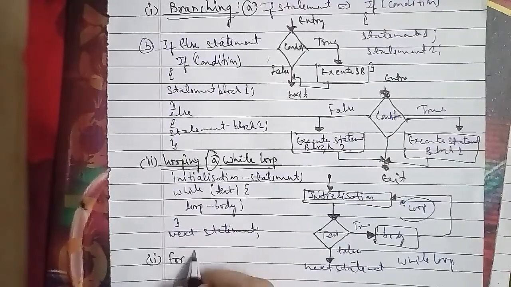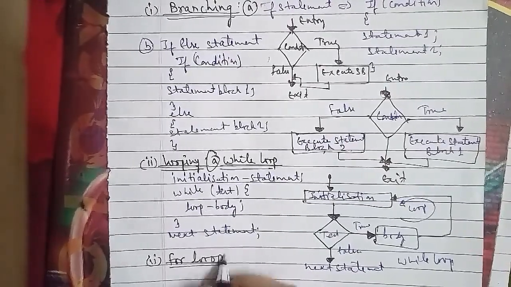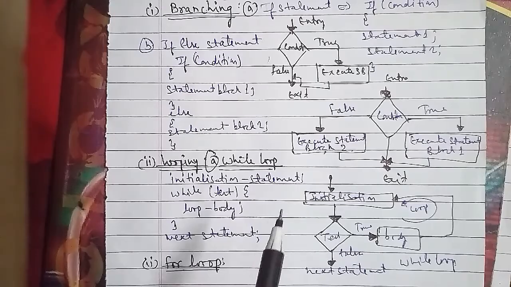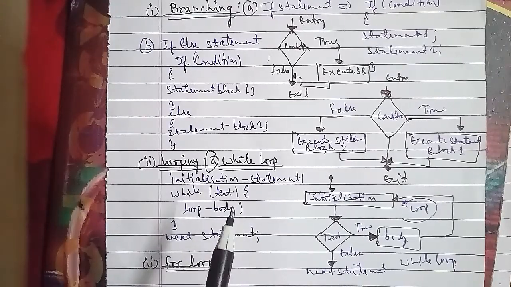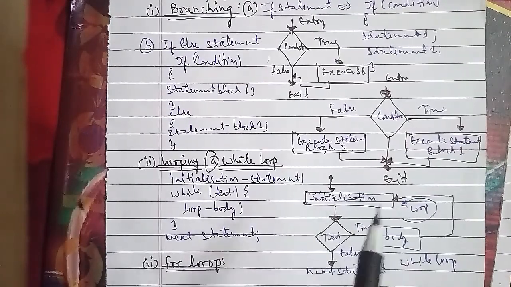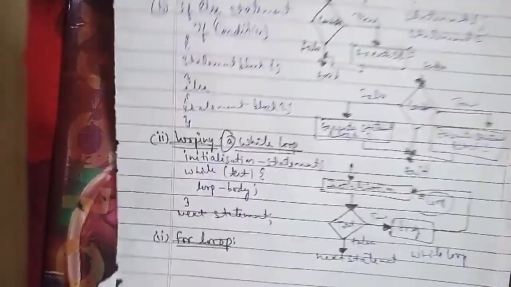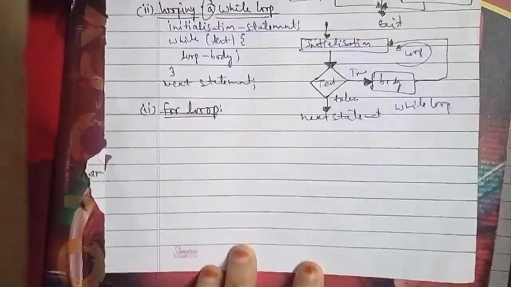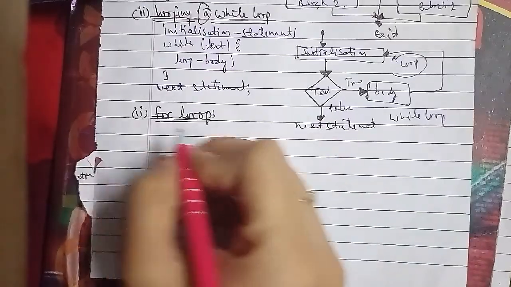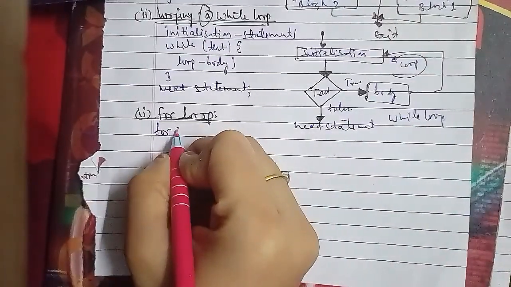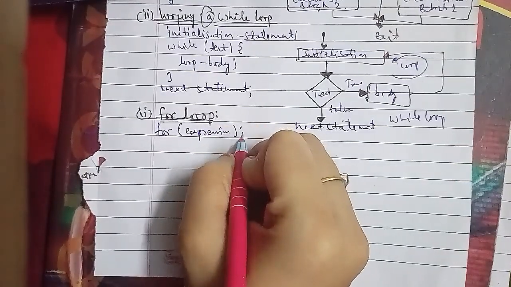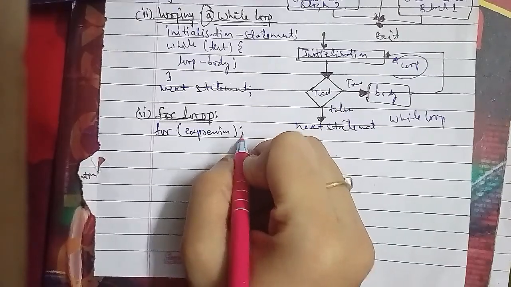The syntax is for, then in brackets expression 1, expression 2, expression 3, and for that we have a single statement or a block of statements. Then we close the bracket.